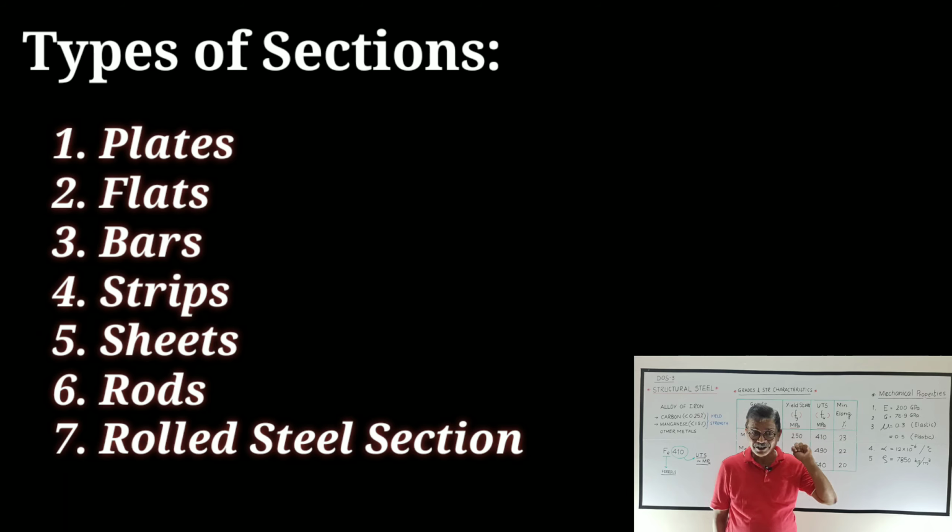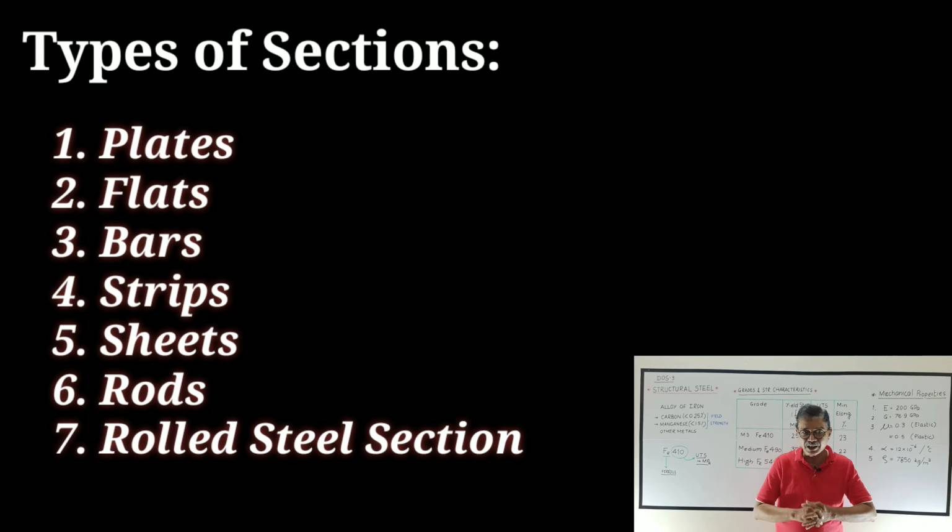Then sheets. Now what is the difference between the plates and sheets? The thickness of sheets is less. Then rods, tie rods are there. And the most important types of section, that is rolled steel sections.